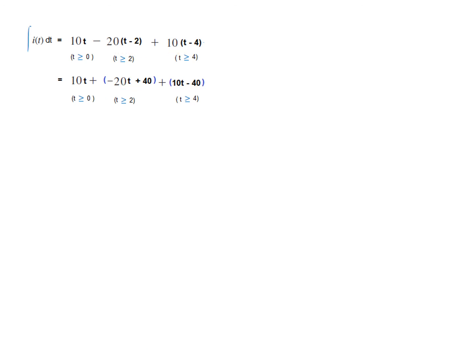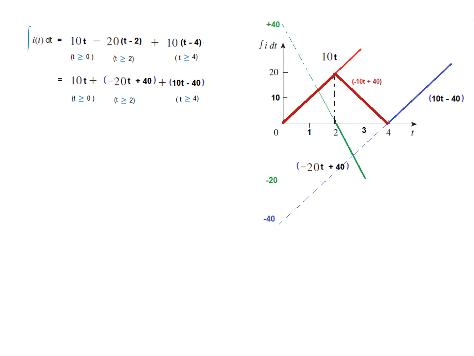So now we have these three equations at three different time frames, and we can plot them directly. This will be the plot. First of all, we're plotting 10t, valid for t greater than 0.